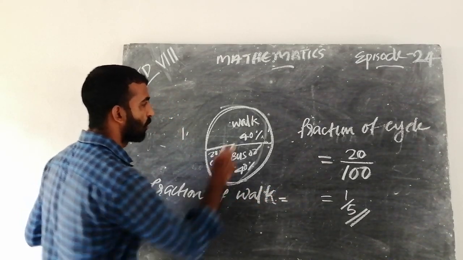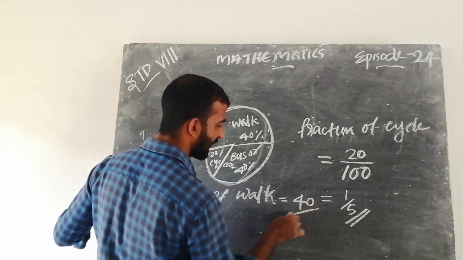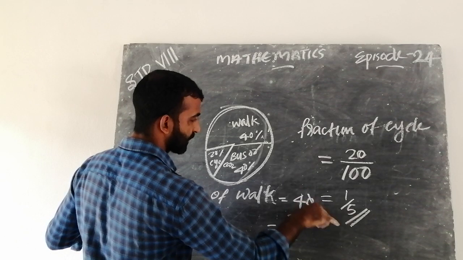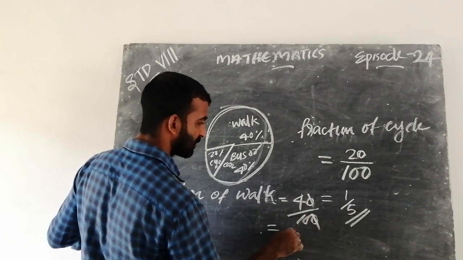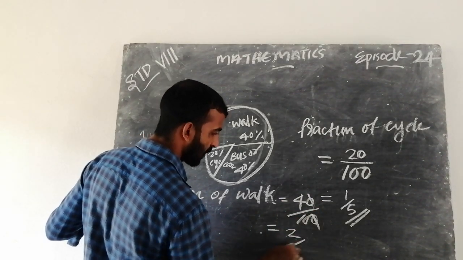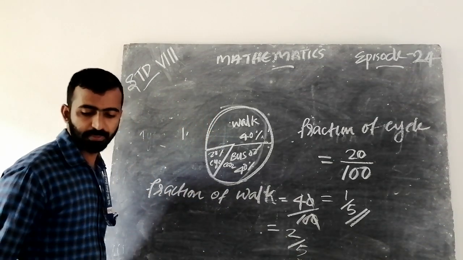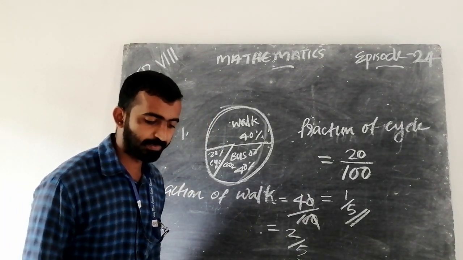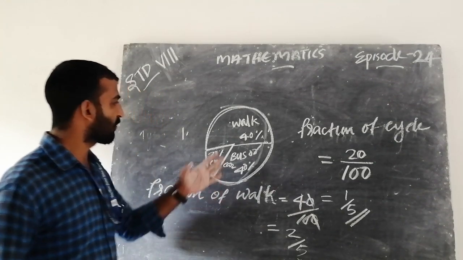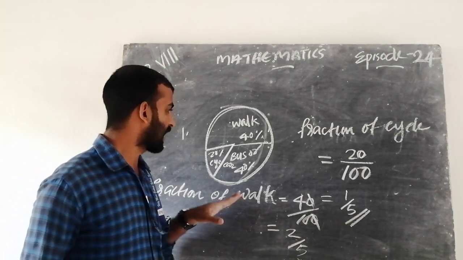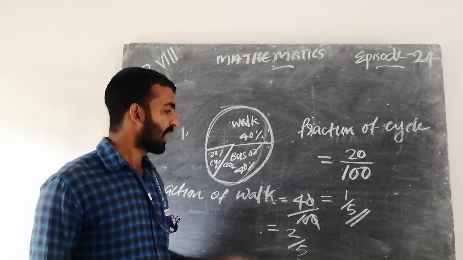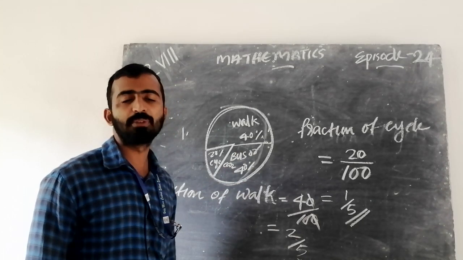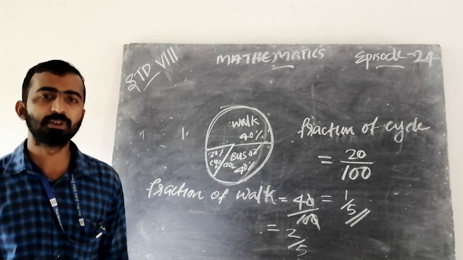We can write 40 by 100, that is 2 by 5. And next, the fraction of bus or car is the same, because here is also 40, so that is also equal to 2 by 5.